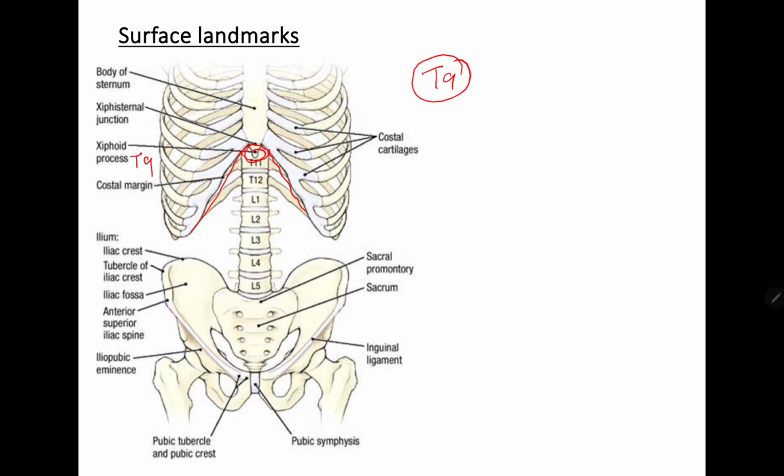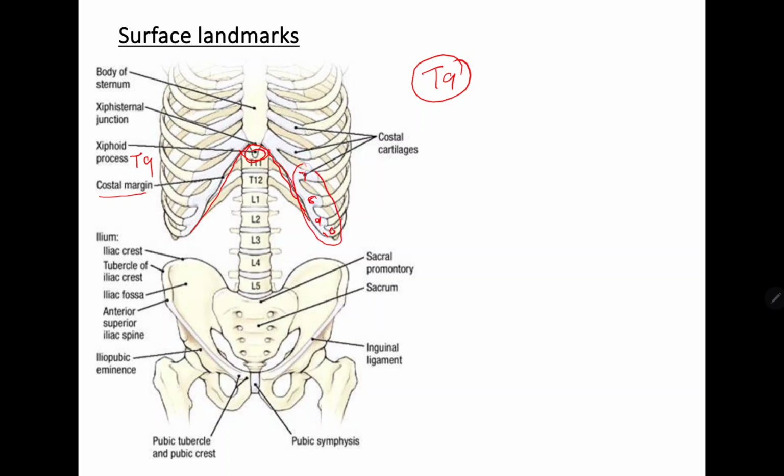Then this is the costal margin. The costal margin is mainly formed by the 7th, 8th, 9th and 10th ribs.